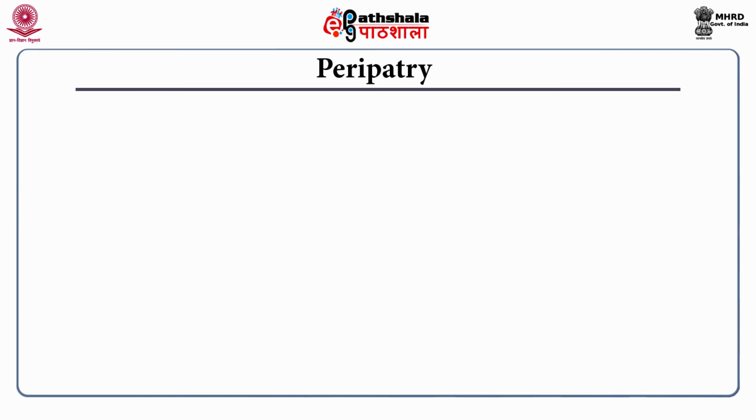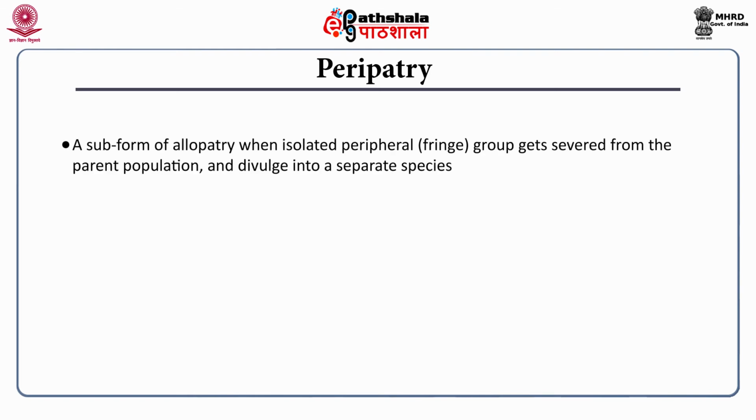The second mode of speciation is peripatry. As the name says, peri means peripheral speciation. This is a subform of allopatry, in which an isolated peripheral fringe group gets severed from the parent population and forms a separate species.